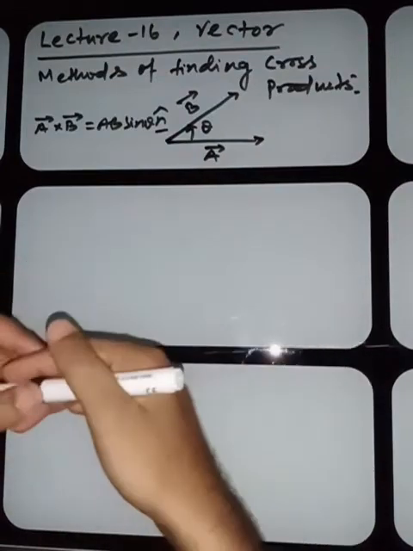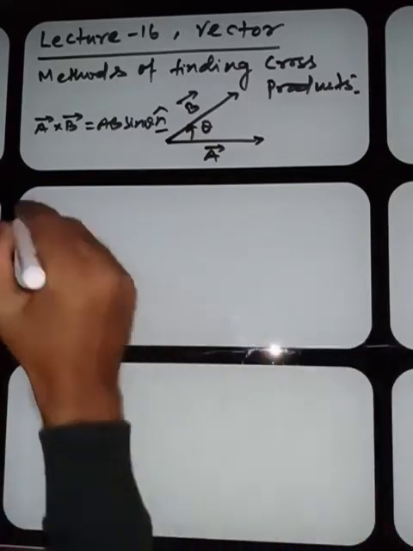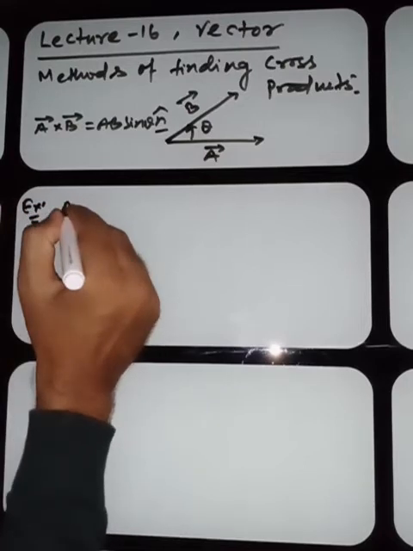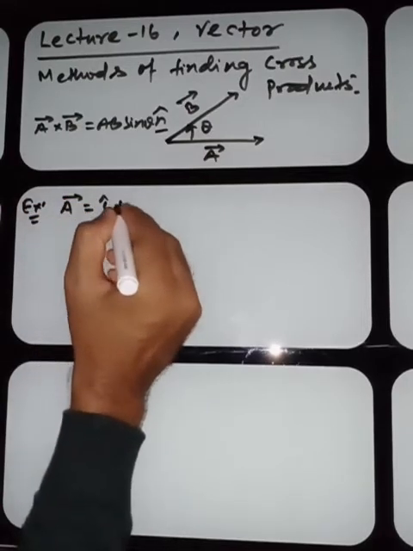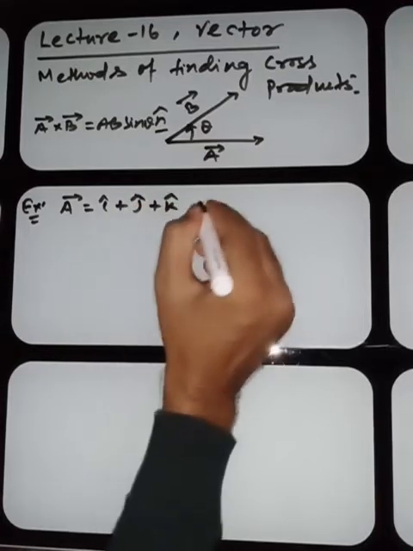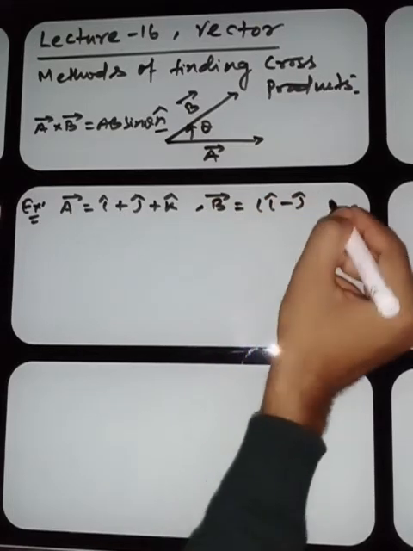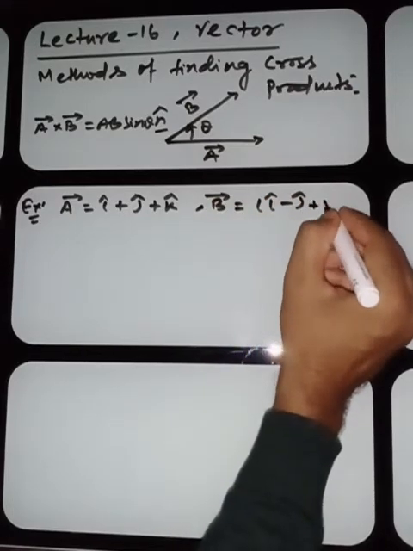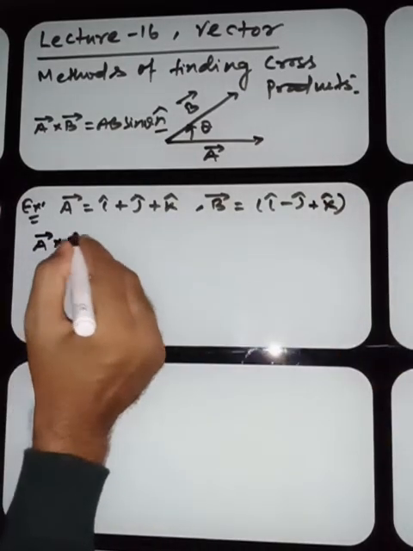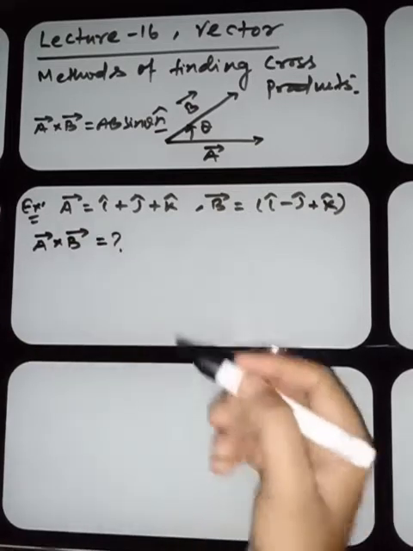Today we are going to find the method of finding the cross product. For example, we have two vectors: A is i plus j plus k, and vector B is i minus j plus k, and we have to find A cross B. What will be the value of A cross B?